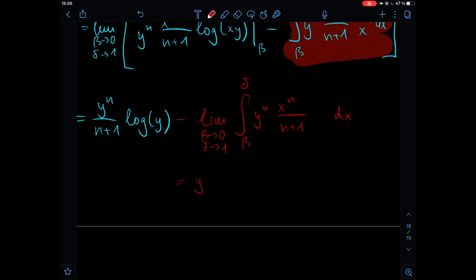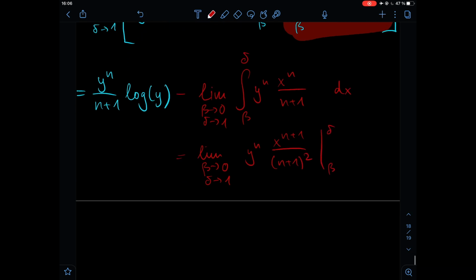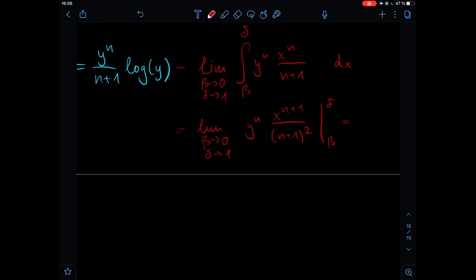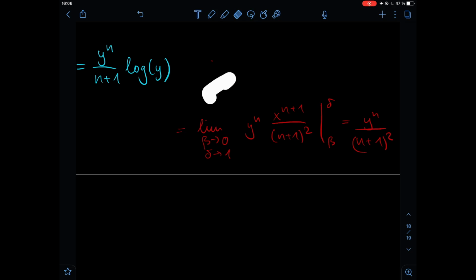So we have y, we have the limit of beta going to 0, delta going to 1 of y to the power of n, x to the power of n plus 1 divided by n plus 1 squared, and the whole thing evaluated at delta and beta. And this just gives us, if we plug in the limits, y to the power of n divided by n plus 1 squared.